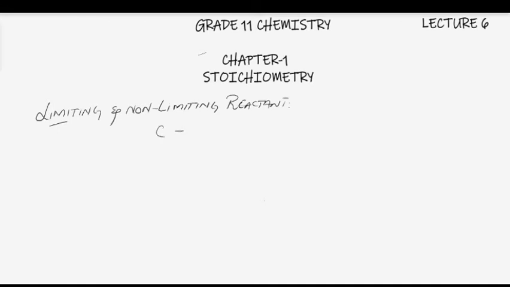Again, if you have the same reactants like carbon and oxygen and you produce carbon dioxide, let's have the same scenario in which we have 10 grams of carbon and 15 grams of oxygen. Now if you are asked to first find out the limiting reactant in this case and then calculate the amount of carbon dioxide that will be produced as a result of this chemical reaction.